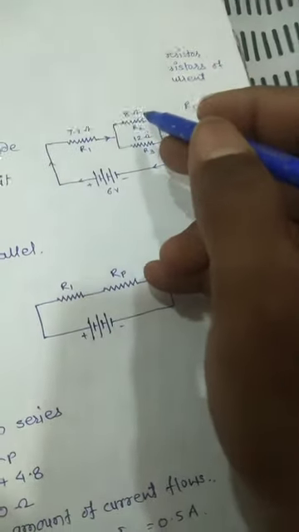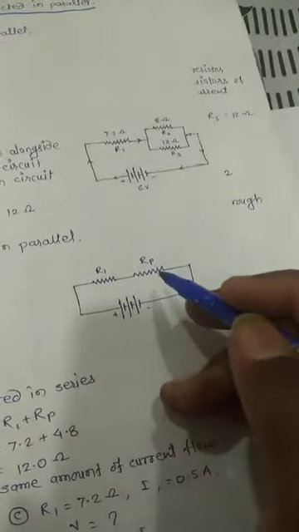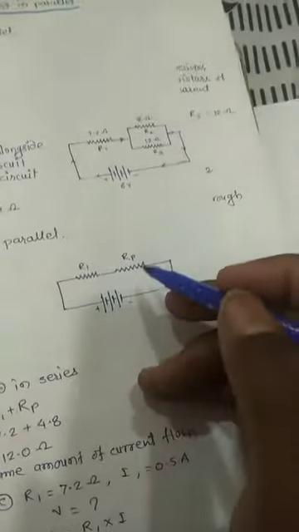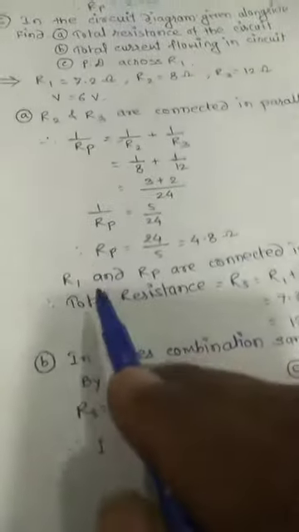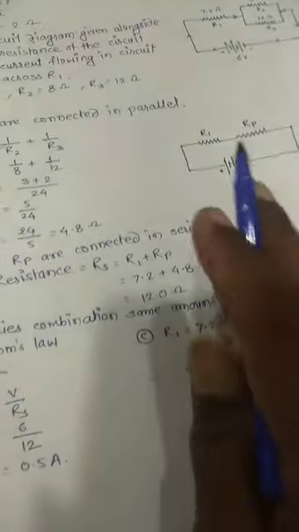So this is the total resistance of the parallel part; here it is Rp. Now R1 and Rp, how are they connected? They are in series combination. So here we write that R1 and Rp are connected in series. Now we have to find the total resistance.